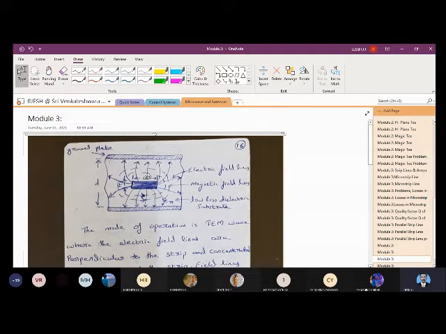So shielded, by the name itself, it is very much clear that it is being covered by the dielectric substrate. So this is the strip being placed in between. You can see that this is the strip, and these are the dielectric substrates which are surrounding this strip.